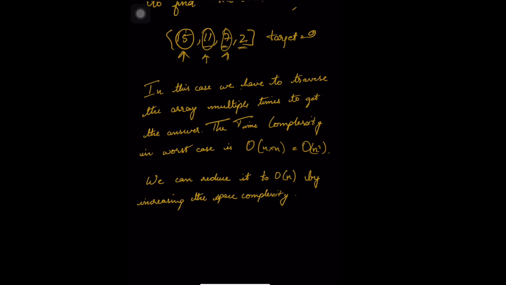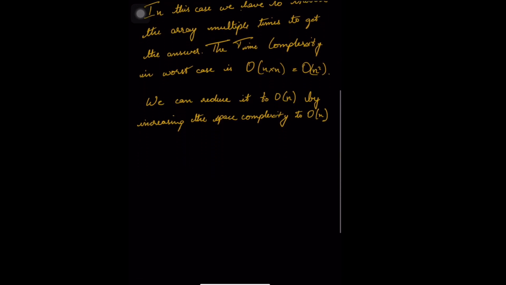And what we can do is use a map that stores the value and the index where we've seen it and reduce the time complexity to O of n, but we will increase the space complexity to O of n. We will have greater space complexity, but what this does is improve the performance.